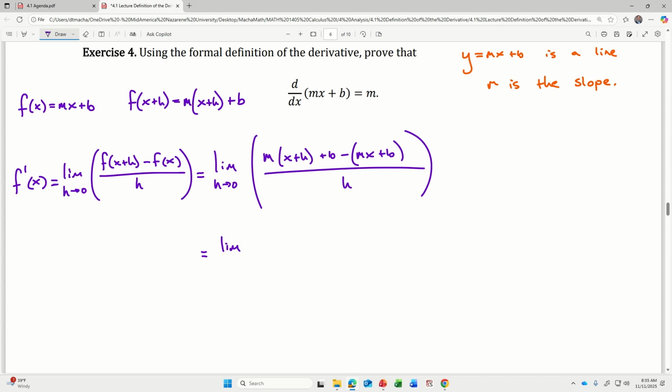And if I just tried to plug in h equals 0 at this point, it's going to give me 0 over 0, so yuck. Can't do that. Instead, I need to take the limit as h approaches 0 and just simplify the numerator. Just expand everything out.